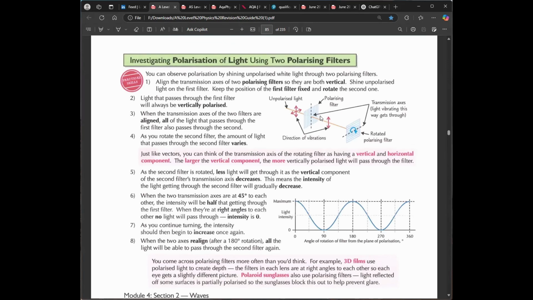But if you start to rotate the other one, from the first one only the vertical wave passes, and all the others are obstructed. But when you are rotating it and it's not fully horizontal, it's still between vertical and horizontal, so some of the light can still go through.